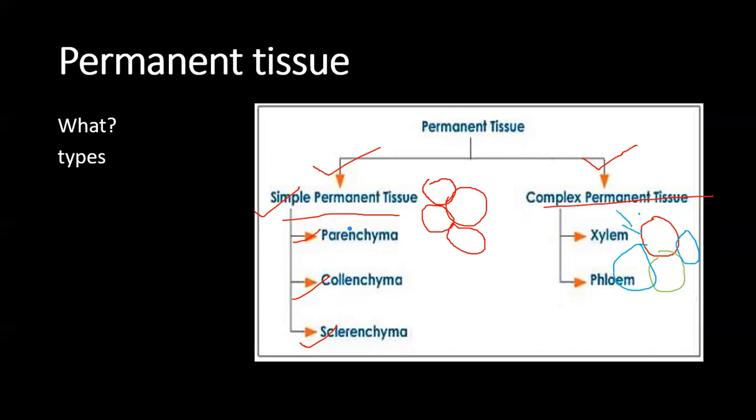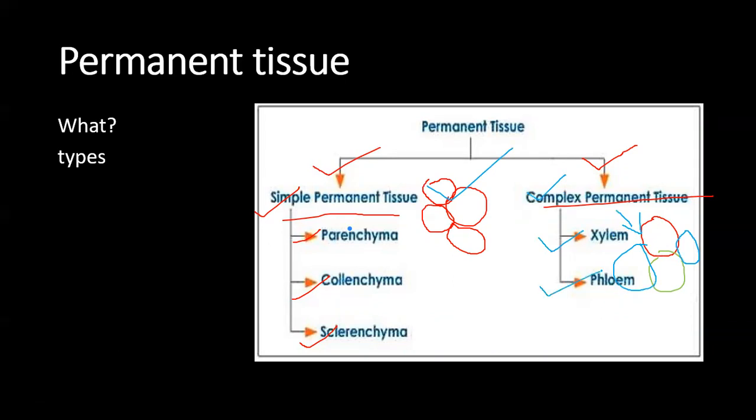So it is made up of more than one type of cells. Hence we call them heterogeneous permanent tissue, and the simple ones homogeneous. So the complex permanent tissues are xylem and phloem.